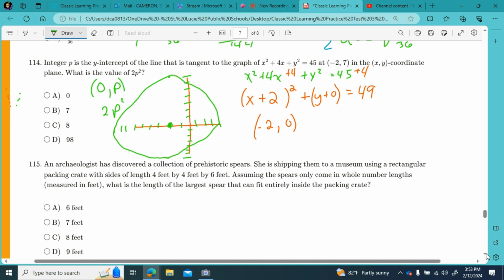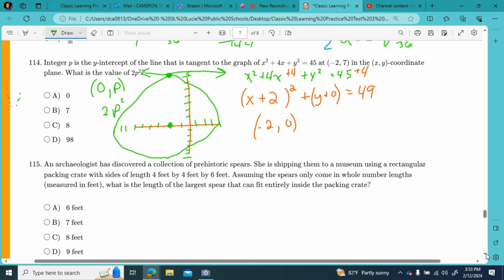And then it says that the line tangent to the graph here at -2, 7, so that's at the very top of my circle. Tangent means a line that touches but doesn't go through. They only touch at one point. And we want to know, what is the y-intercept?